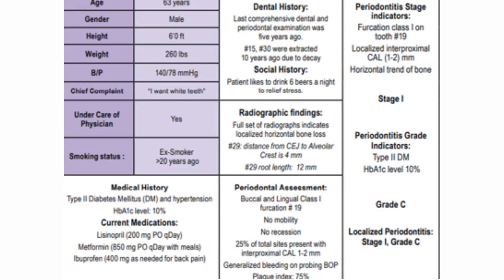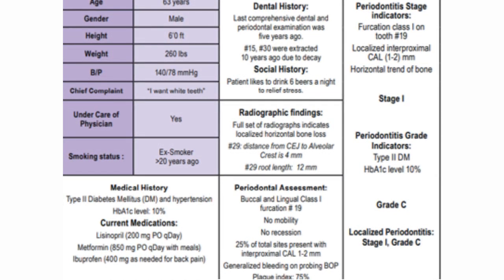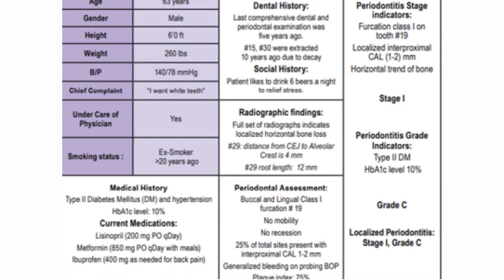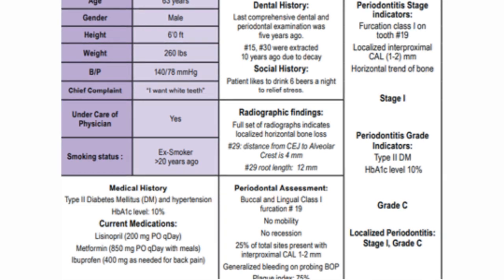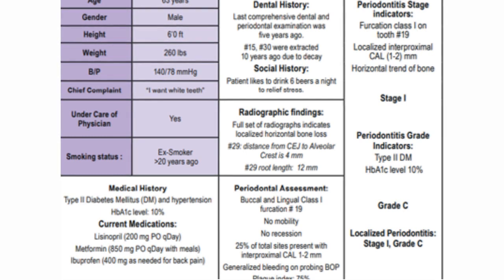So here we have a case scenario. A 63 years old male patient. His chief complaint: I want white teeth. He is an ex-smoker, more than 20 years ago. His medical history includes type 2 diabetes and hypertension, and the HbA1c level is 10%.